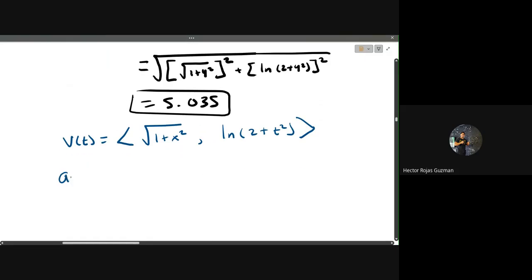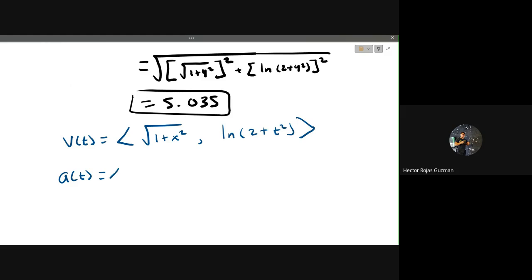So the acceleration vector is 1/2 to the power of what? Negative 1/2. Apply the chain rule. Times 2x.